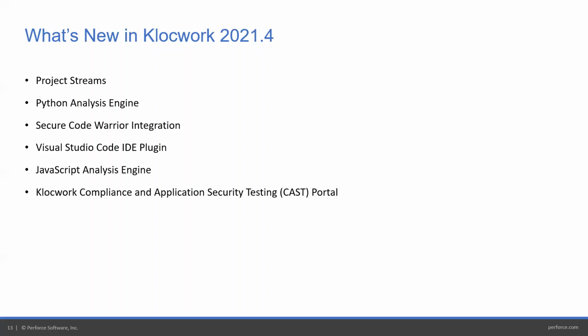So now there is a single portal which will help you visualize Clockwork as well as QAC results. And QAC results can be imported as part of the Clockwork dashboard now. So this integration is seamlessly possible now. It's a really simple and straightforward thing. So you can have a single dashboard to review the results of two of the best static analysis tools.